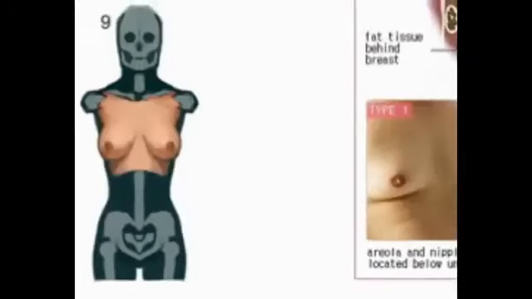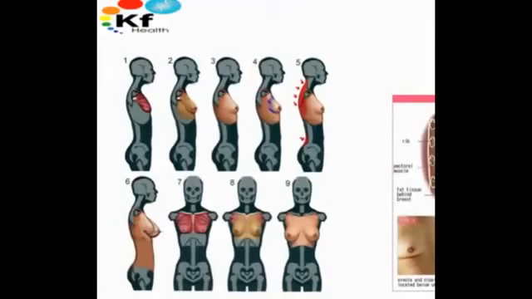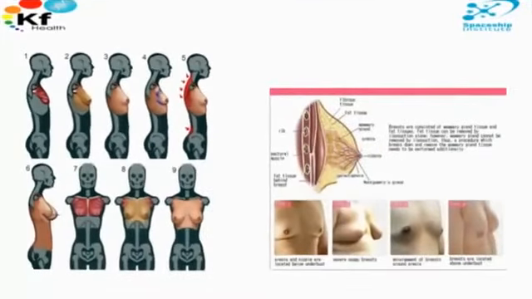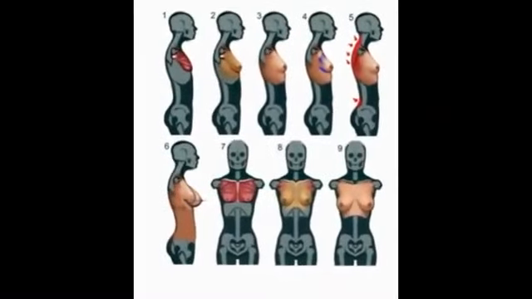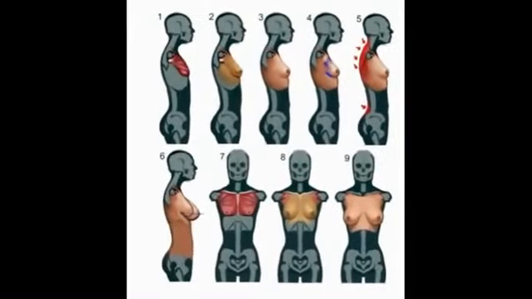The next slide is a representation of the different shapes of the glandula mammae. It is related to the shape of our spine and how gravity goes through our spine. It is also related to the strength of the muscle tissue in our thoracic area, especially the pectoralis major and minor muscles.